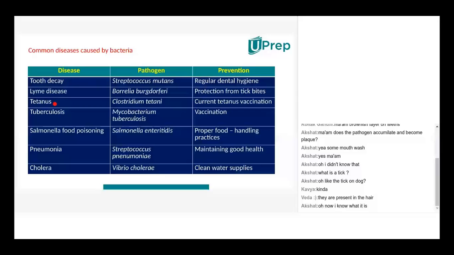Whenever you or any of your family members or friends have a somewhat deep cut from a rusted iron material, like nails or a grill, if you have a deep cut on the skin or even a superficial cut, you definitely have to go for a tetanus injection within 24 hours.